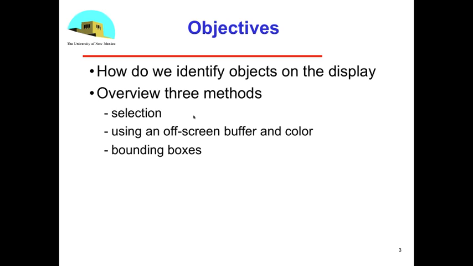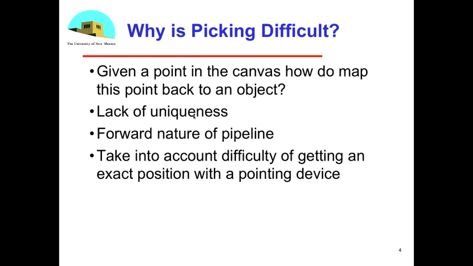So let's start with just an overall look at picking and say, well, why should this be very difficult? It turns out it wasn't very difficult in original graphics systems when we had big display processors.